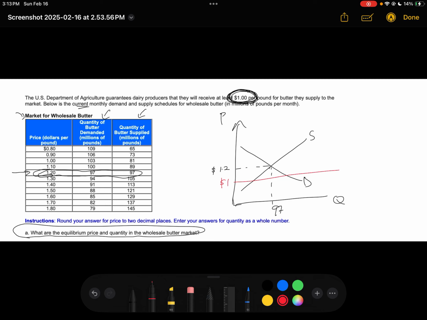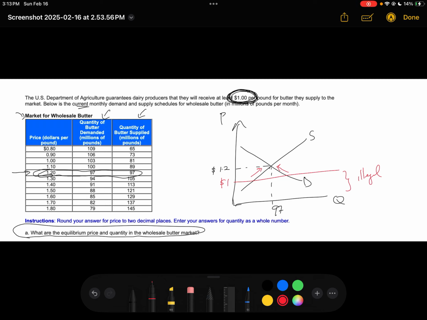Sure, it can be the floor all we want, but it will not be binding. Why will it not be binding? Well, we've made it illegal based on this floor of $1. We've made it illegal to trade under that floor of $1. So the price will just adjust back to equilibrium 1.2.